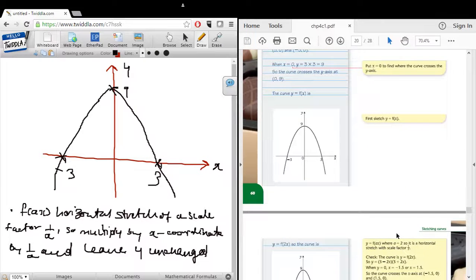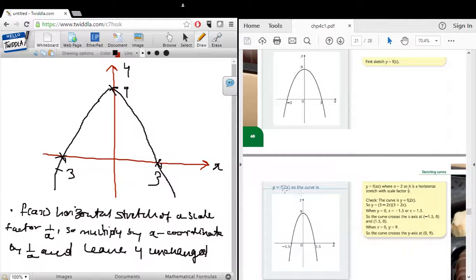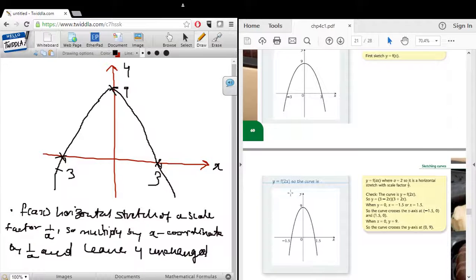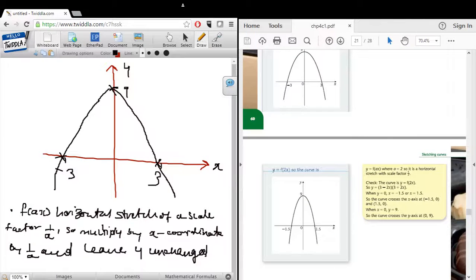Okay, now let's apply the 2x rule. So remember what we said, if there's an a, what's our a here? Well, in this particular case it's 2, so we have a equals 2, and it says multiply the x coordinate by 1 over a and leave y unchanged.